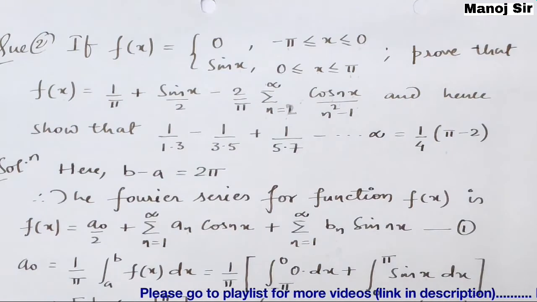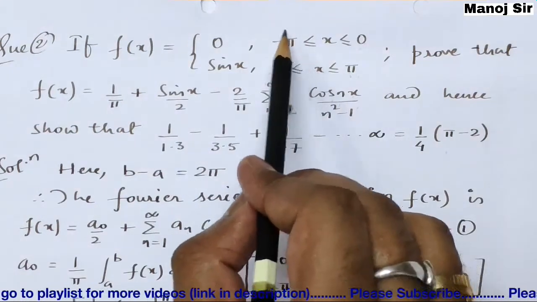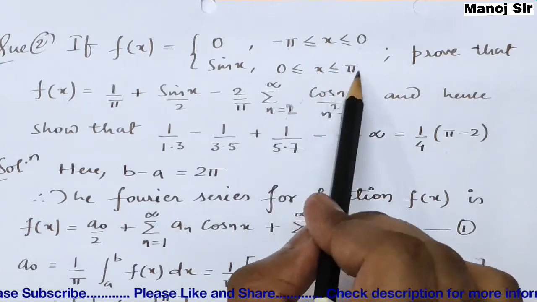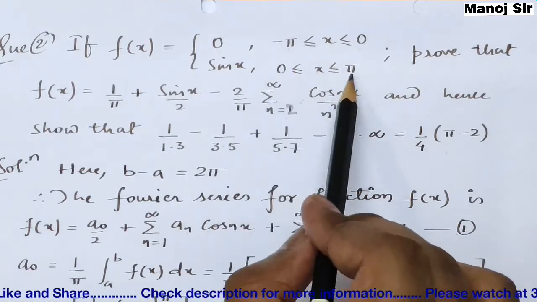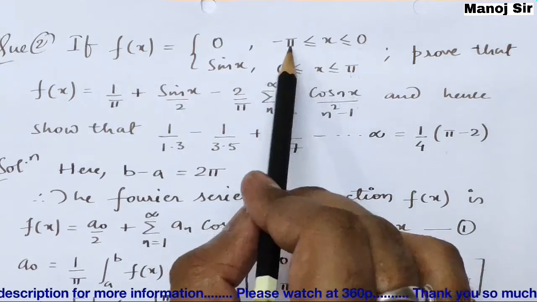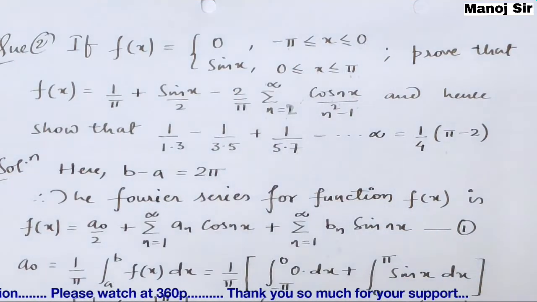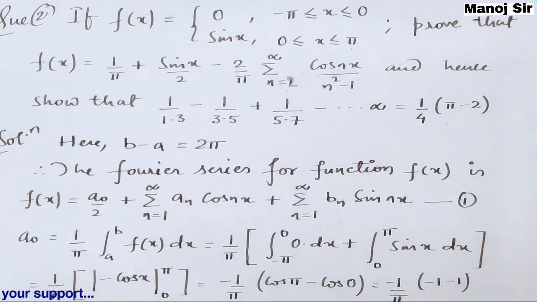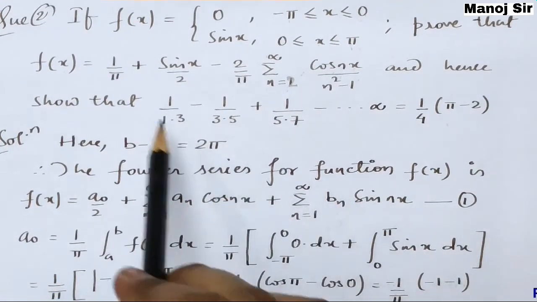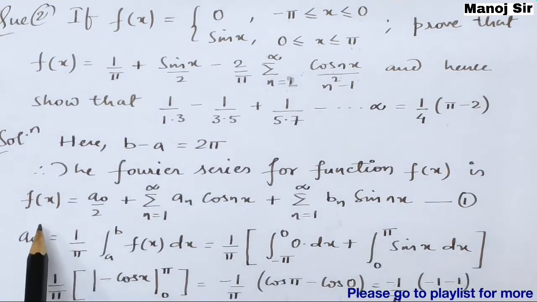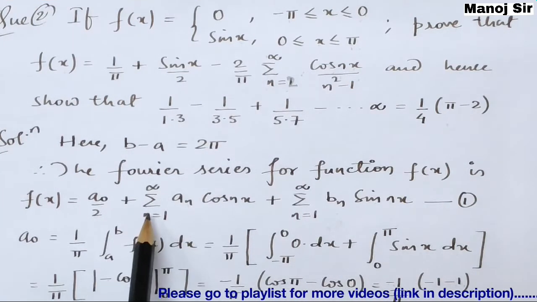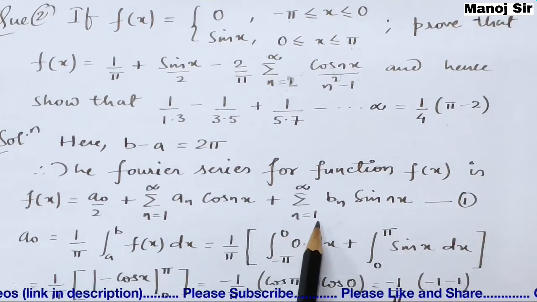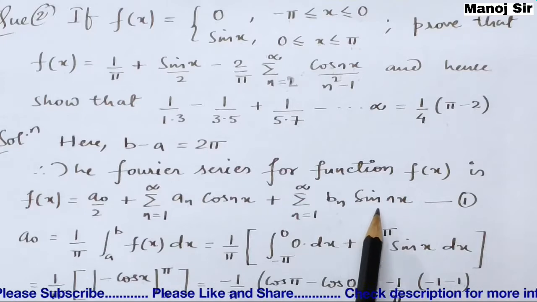Here you can see minus pi is the lowest limit and pi is the highest limit. So this is the value of b and this is the value of a. So b minus a, that is pi minus of minus pi, is 2 pi. Since b minus a equals 2 pi, we can say the Fourier series for the given function f of x is given by f of x equals a naught upon 2 plus summation n equals 1 to infinity an cos nx plus summation n equals 1 to infinity bn into sin nx.